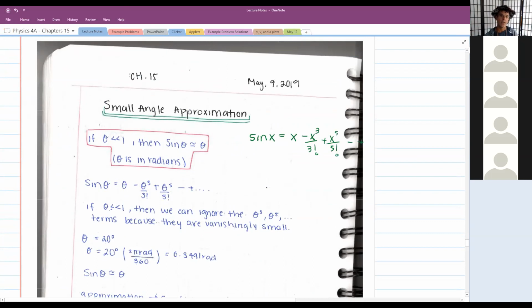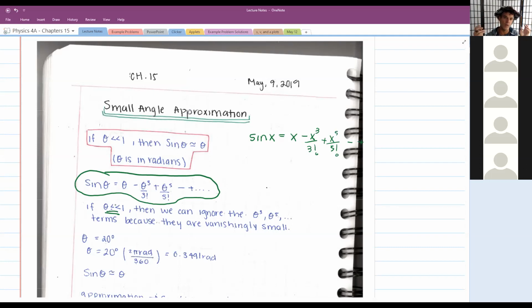Well, here's the thing. If x is a really small number, much, much less than 1, and I square it, I get a really, really small number. If I take a small number less than 1 and cube it, I get a really, really, really small number. So from this expansion of sine theta, which again, if you haven't had series yet, don't worry about it, if theta is much less than 1, then theta cubed over 3 factorial is going to be unbelievably small.